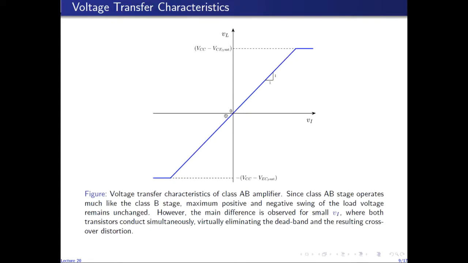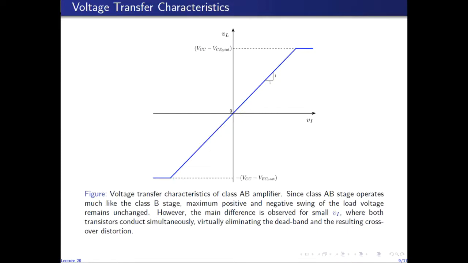But around this point of VI equal to 0, for small positive and small negative values of VI, as I just explained, both transistors have base emitter voltages such that they both conduct at the same time. So this virtually eliminates the dead band and the resulting crossover distortion in the output load voltage.